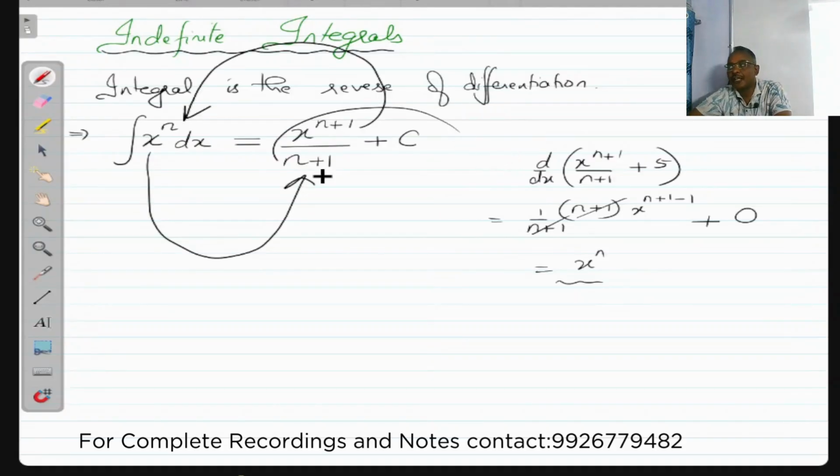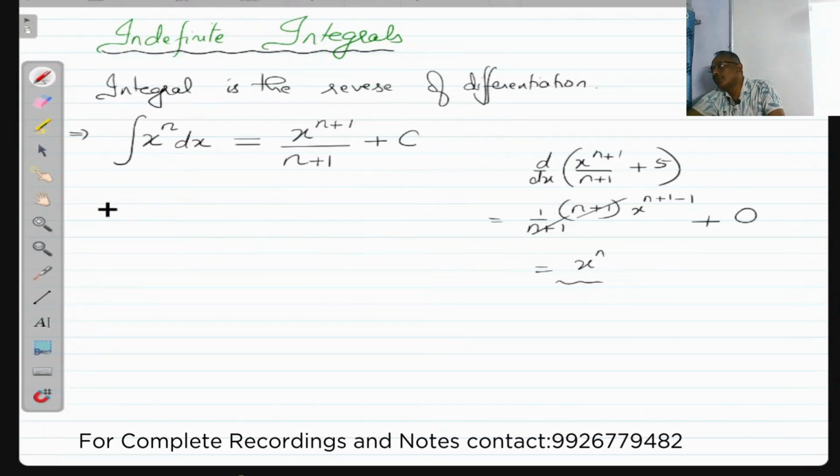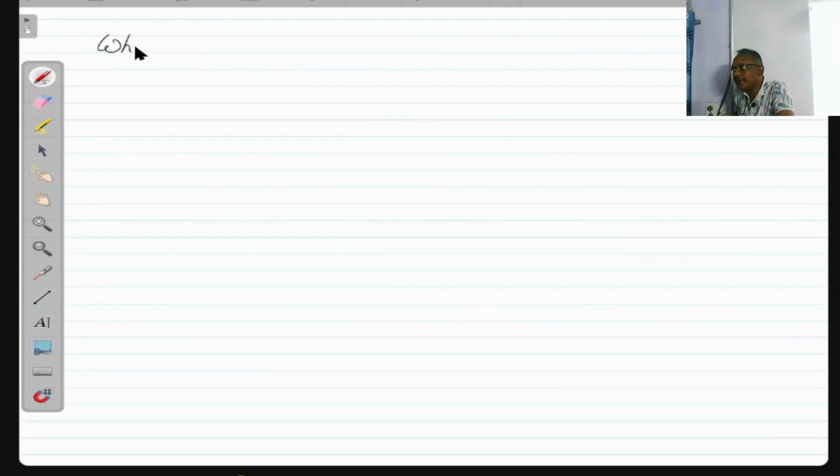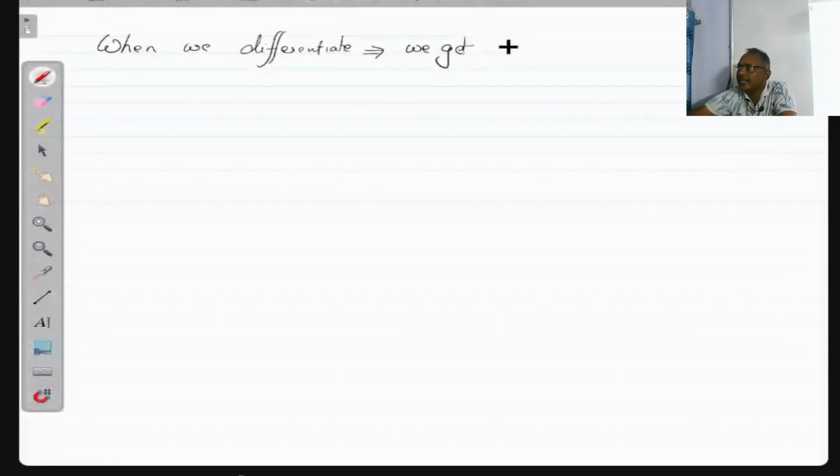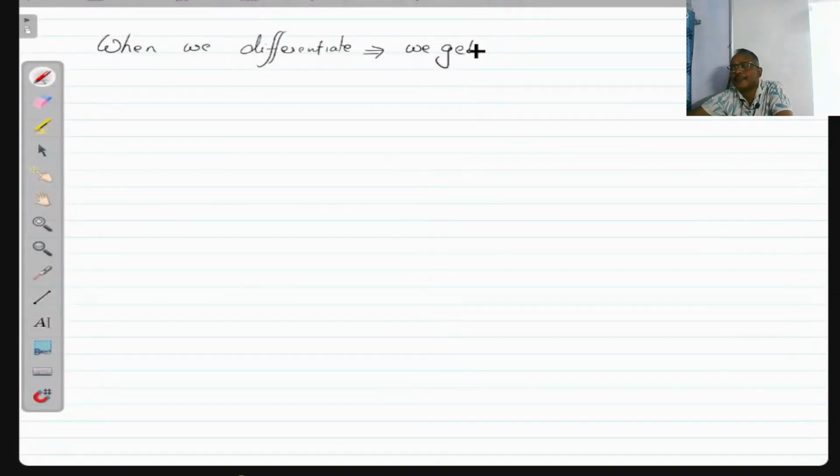What is the integral? When we differentiate a function, what are we actually doing theoretically? Differentiating gives us the slope of the tangent.